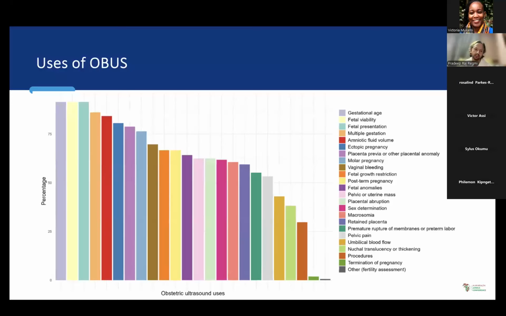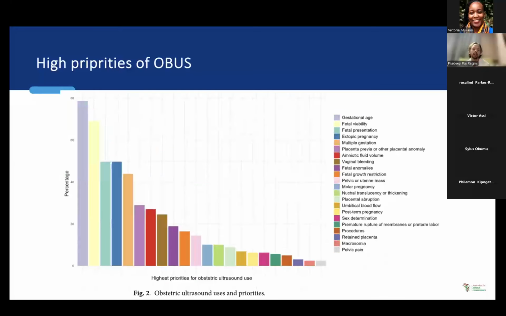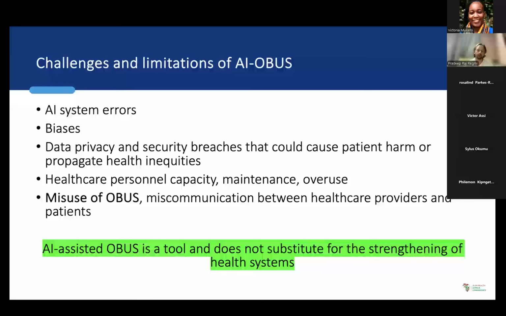Mostly, obstetric ultrasound is used in LMICs for gestational age, fetal viability, fetal presentation, number of gestations, and amniotic fluid volume, by their survey. High priorities were obviously gestational age, fetal viability, fetal presentation, and ectopic pregnancy was also one of the priorities for obstetric ultrasound in LMICs. So these are the outcomes of their survey.